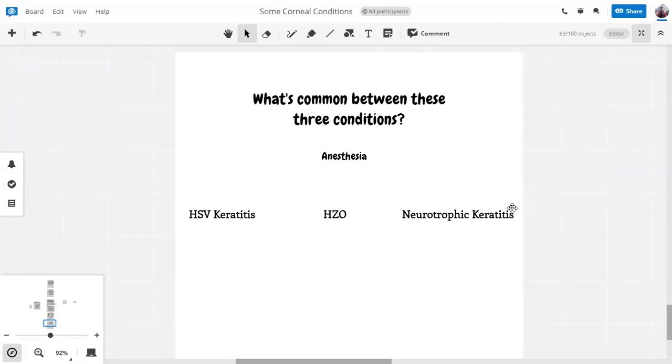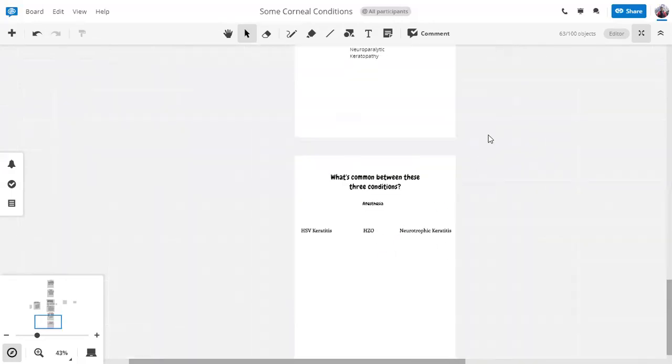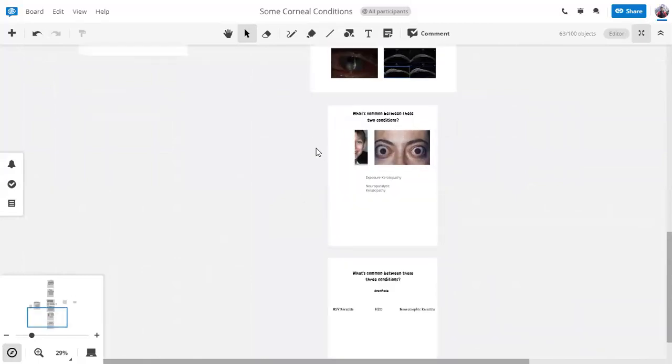Corneal anesthesia होता था, and the cornea was not able to maintain itself, not able to nourish itself, and due to that specific condition, anesthesia or local alcohol injection, the condition is called neurotrophic keratitis. ये चीजें याद रखनी है, and this ends our session.